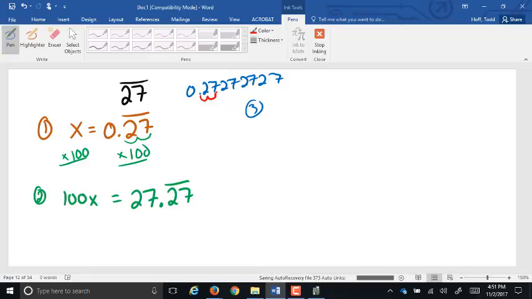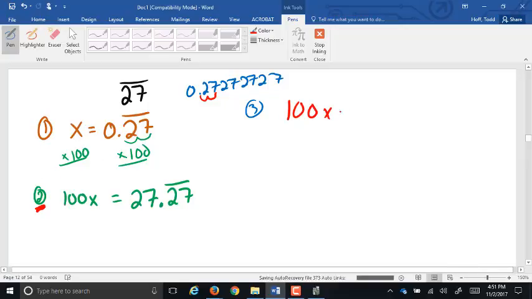So now in our third step, we're going to take this equation, 100x equals 27.27 repeating, and subtract that first equation, x equals 0.27 repeating.